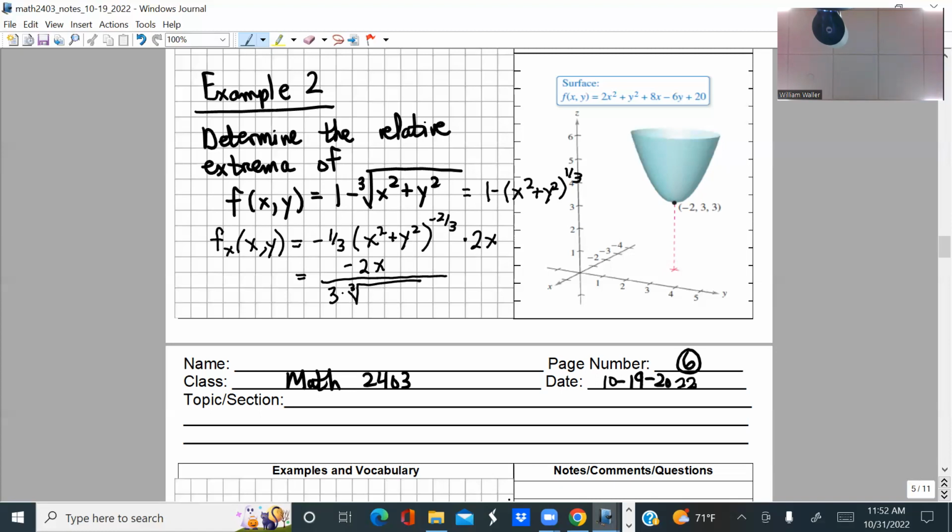And what happens to the 2? The 3 becomes the index of this radical, but what happens to the 2 in that fraction? Yeah, it stays as an exponent. So you will have x squared plus y squared, squared.